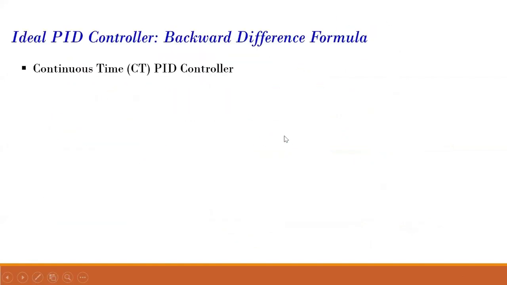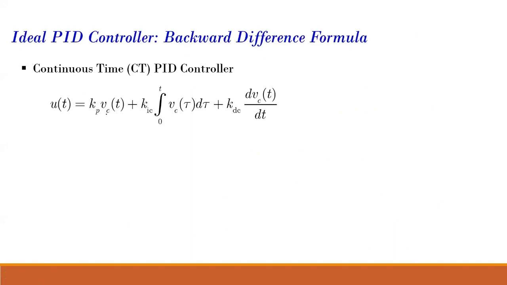If you see this equation, this is my PID controller. This is my proportional part, this is my integral part, and this is my derivative part. The input to my PID controller is VE of t, the error signal, and the output is U of t.